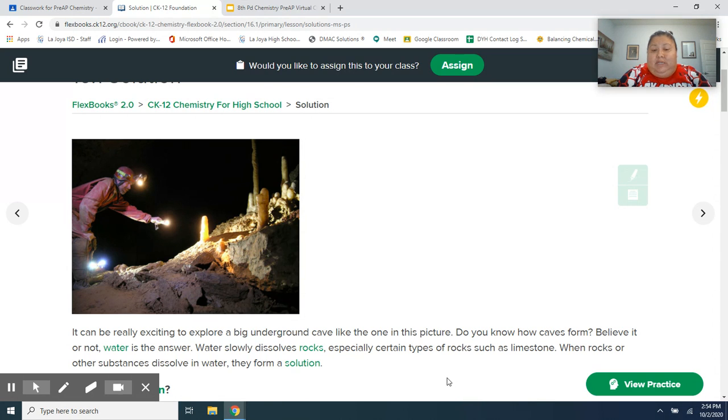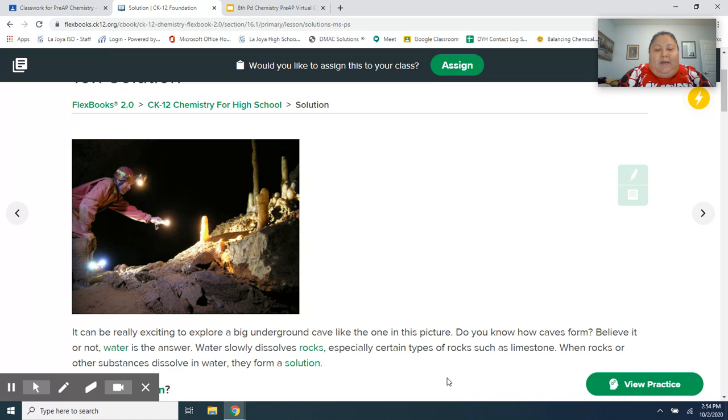I hear it's really, really pretty. So that's just a suggestion if you happen to be in the area. Here in the valley, we probably don't have any caves because we're pretty much flat. The only area you might find a cave in is probably over by Rio Grande and Roma because it's a little bit hilly. It's a lot more rocky.